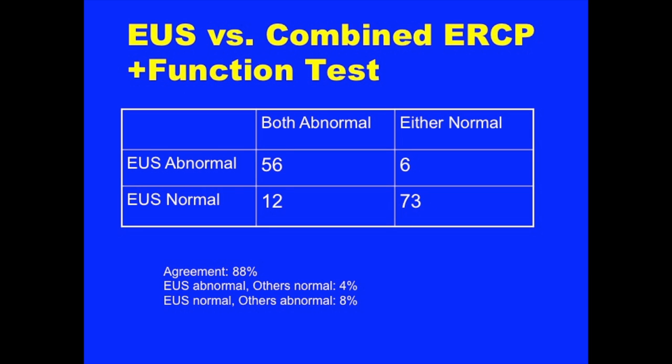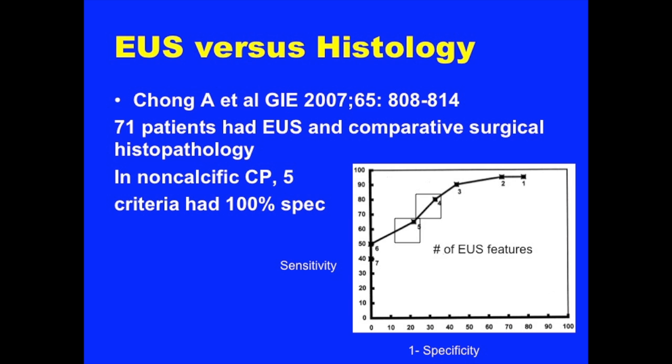In non-calcific chronic pancreatitis, 5 criteria were needed to have the highest specificity, and that was 100%. Dr. Marty Freeman shared with me an abstract suggesting that in his patients undergoing transplant, the ERCP may not function at that level, and I'll be interested to see that at DDW hopefully.